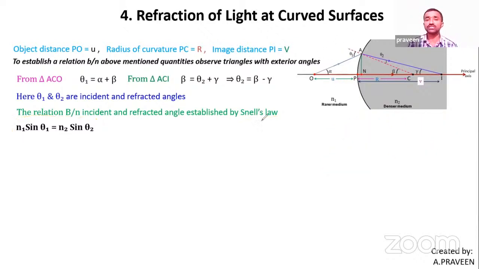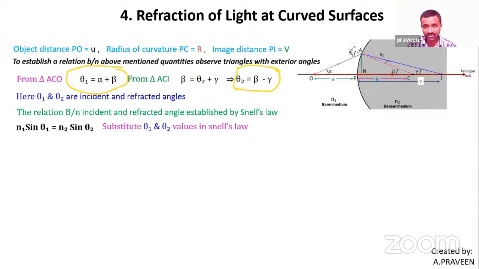Now we are substituting the angle of incidence and angle of refraction values in the relation. So I can substitute theta 1 and theta 2 values in Snell's law. I know theta 1 is equal to alpha plus beta and theta 2 is equal to beta minus gamma.